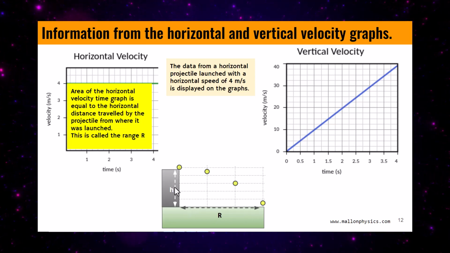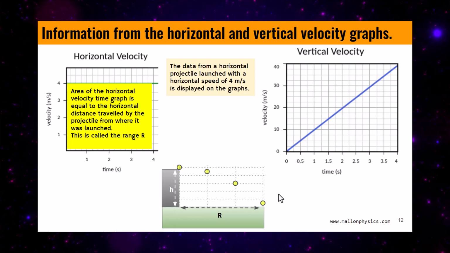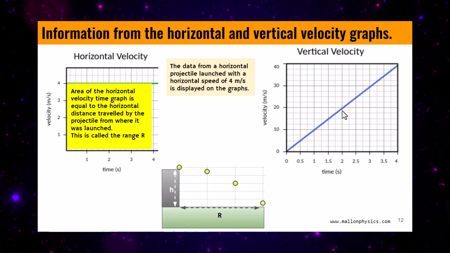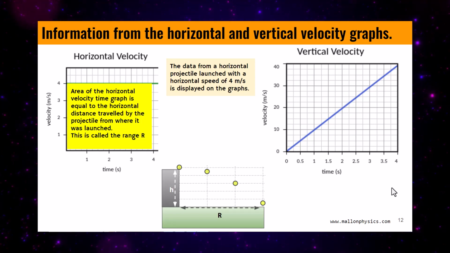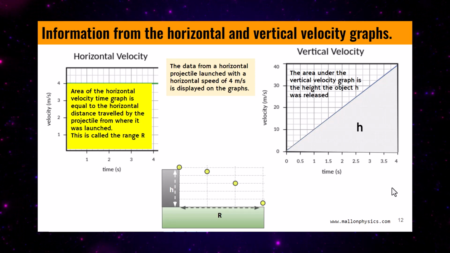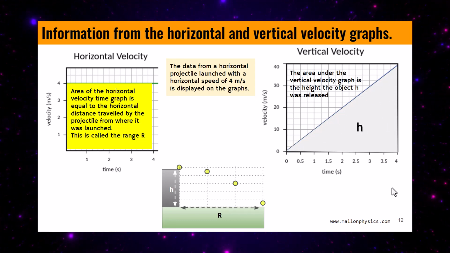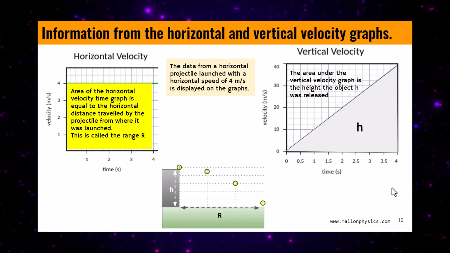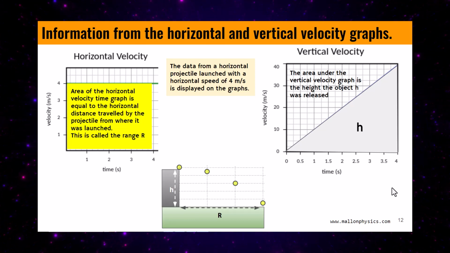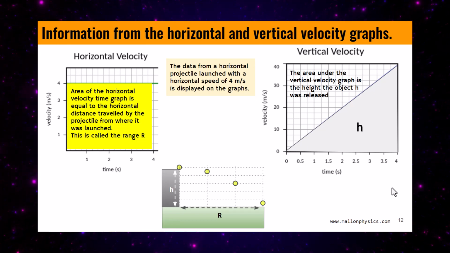Now what about the height the ball fell down? What about the distance the ball fell down by? Well, we can guess that it's going to be the area of the vertical velocity graph. And indeed it is. If we work out the area of the vertical velocity graph, then we get the height the ball fell from. So there's two important pieces of information we can get just by looking at the horizontal velocity graph and the vertical velocity graph.